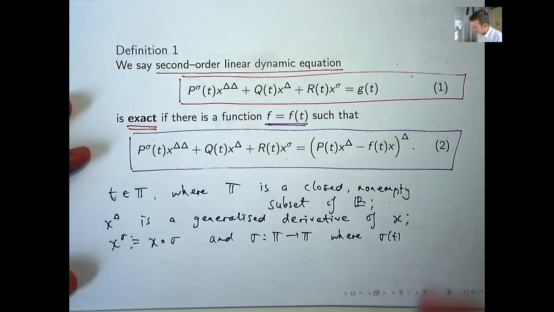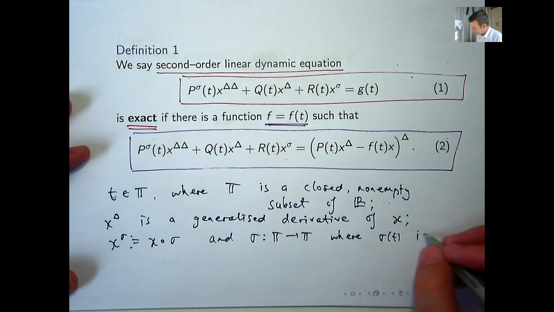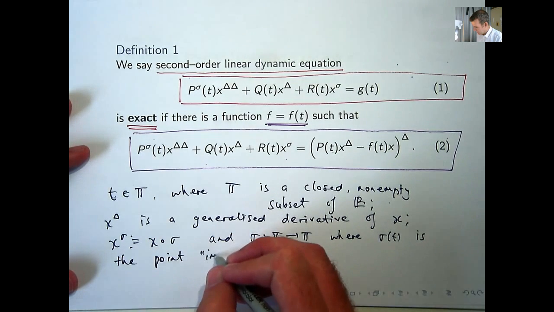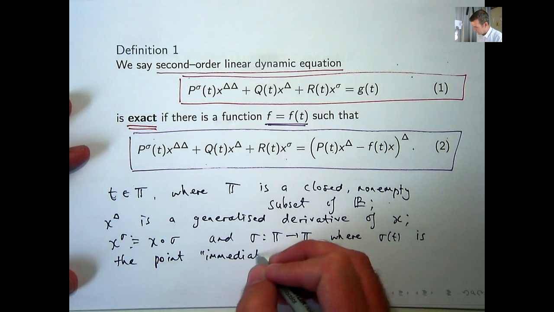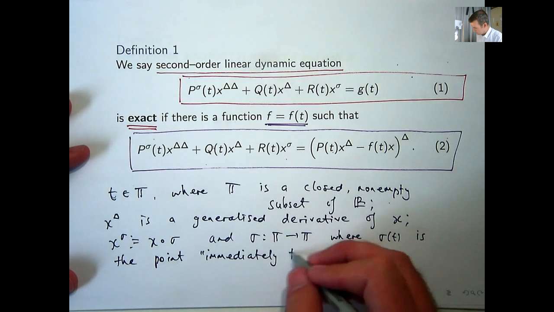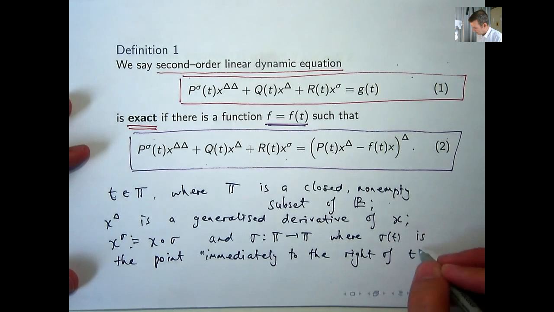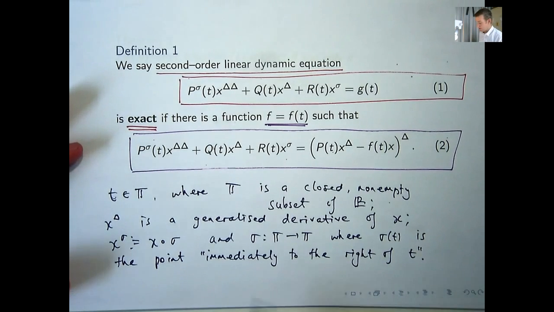For any point t in the timescale, sigma of t is just the point immediately to the right of the point t. Okay, so for example, if the timescale is the real numbers, then sigma of t is just equal to t. If the timescale is, say, the set of natural numbers, then sigma of t will be t plus 1.